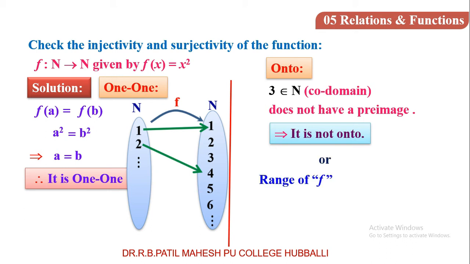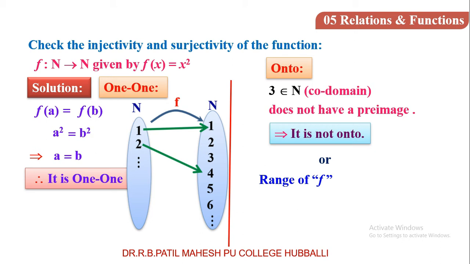Range of this function. Range means after taking x values from natural numbers, you substitute in the function and you get the numbers, like 1 square, 2 square, 3 square, 4 square.